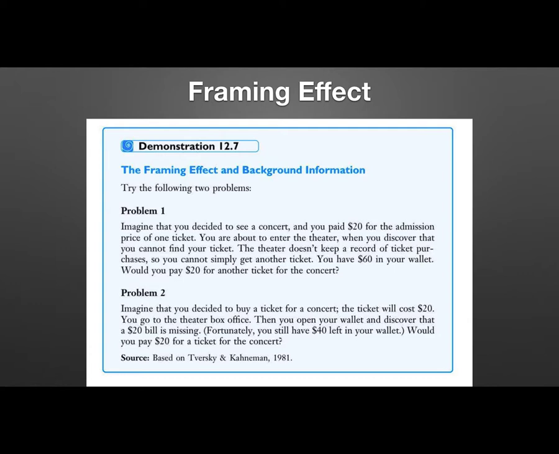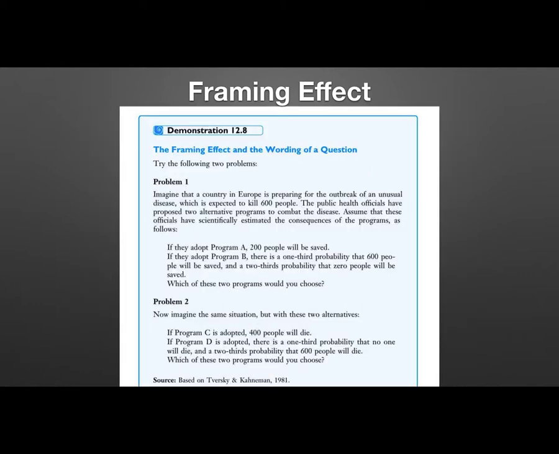Now another example of the framing effect is in the way that we word this question. They asked people to solve either problem 1 or problem 2. You imagine that a country in Europe is preparing for an outbreak of an unusual disease.